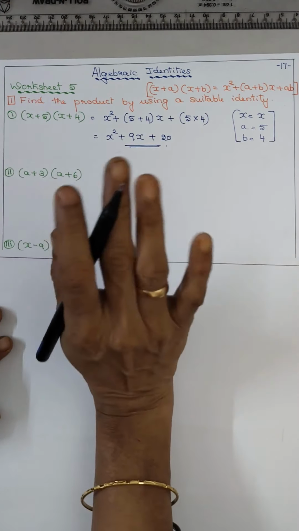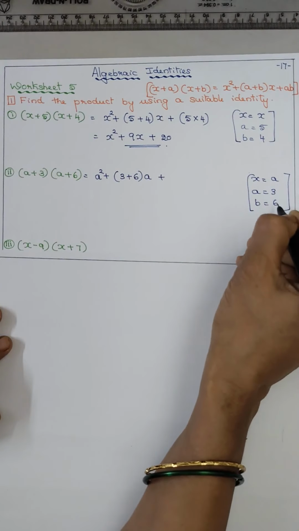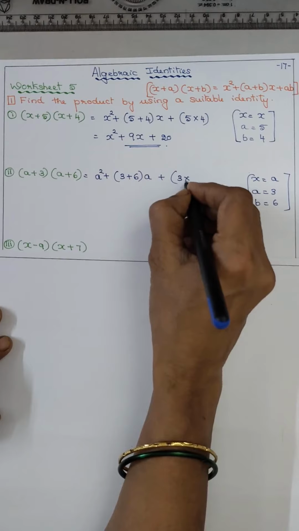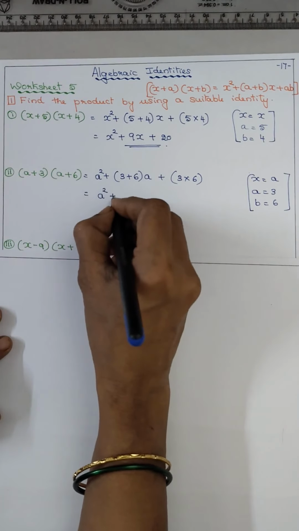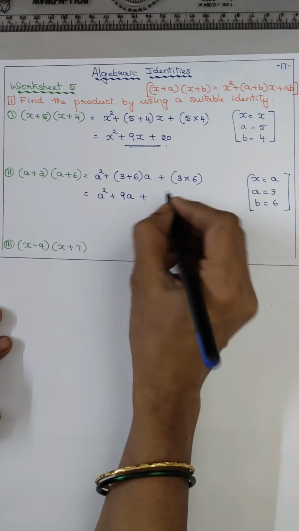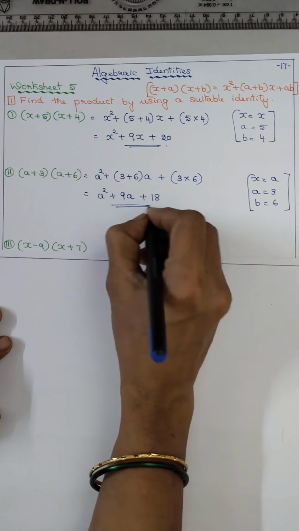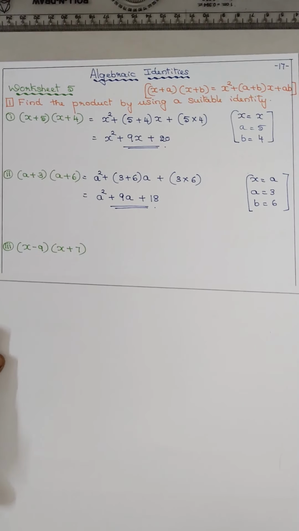Now x², that is a², plus (a + b), 3 plus 6, into x, that is a, plus ab, that is 3 into 6. That is a² plus 6 plus 3 is 9, 9a, plus 3 6s are 18. a² + 9a + 18.